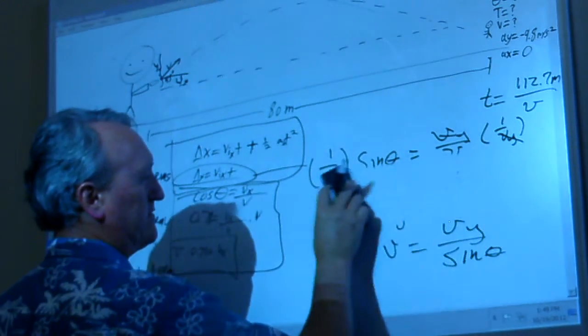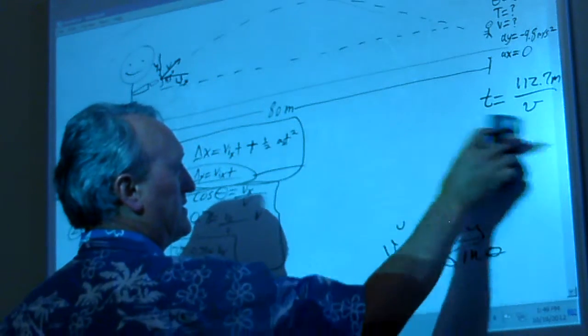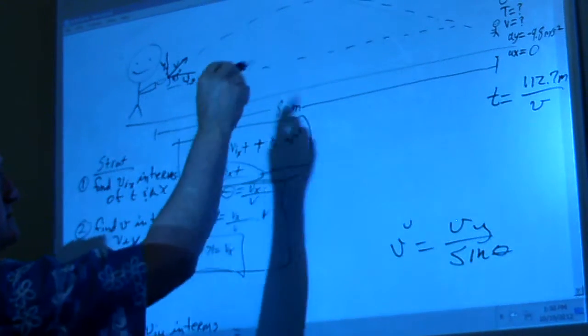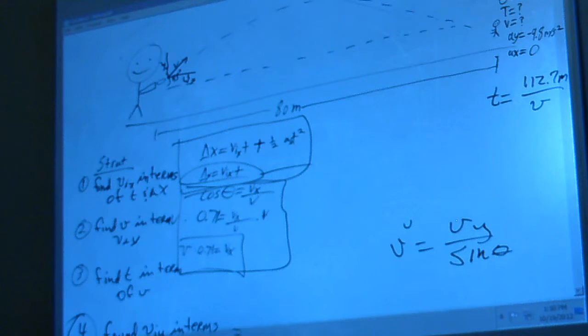Okay, so now we start working with our y direction. So what equation are we going to use to describe the motion in the y direction? Do we have velocity?